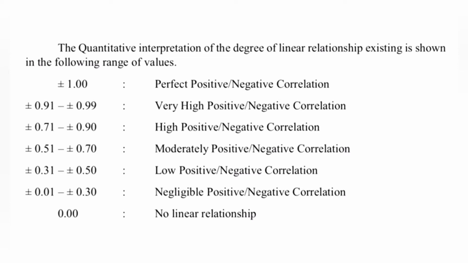Tatandaan natin na ang mga computed values, whether Spearman man yan or Pearson r, nagre-range lang siya sa negative 1 to positive 1.0. Andiyan lang nagre-range yung kanyang mga computed value na dapat makuha natin. So, pag lumabas sa computation natin ay positive or negative 1.0, therefore, the interpretation for that is perfect positive or negative correlation.